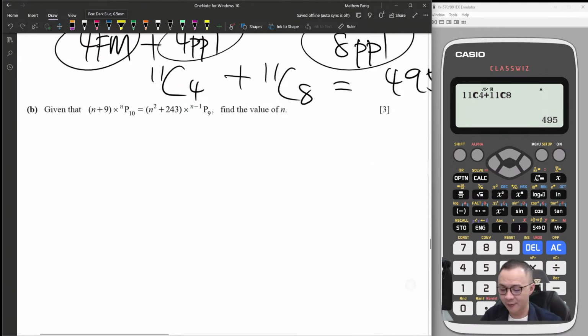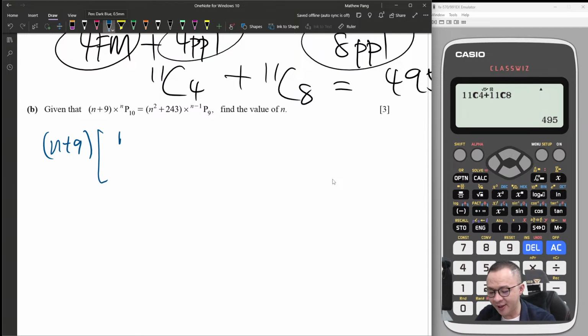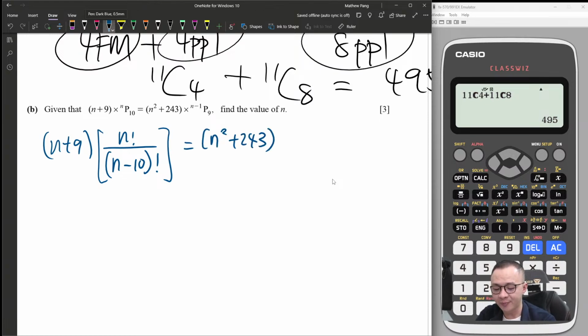Okay. So I have n plus 9. So nP10 is basically n factorial over n minus 10 factorial. Okay. Then here I got n squared plus 243. And then multiply this one. It's n minus 1 factorial over n minus 1 minus 9 factorial.